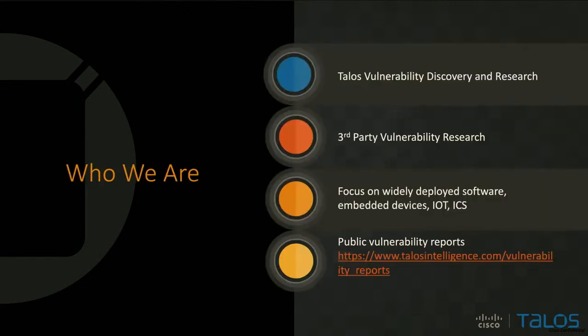A little bit of motivation on why I'm interested in this. I work as a vulnerability researcher at Cisco Talos, where we do third-party vulnerability research. We find vulnerabilities in popular software that is used by the public at large and our clients. We analyze those vulnerabilities, write advisories, and notify the vendors so the vulnerabilities can get patched.